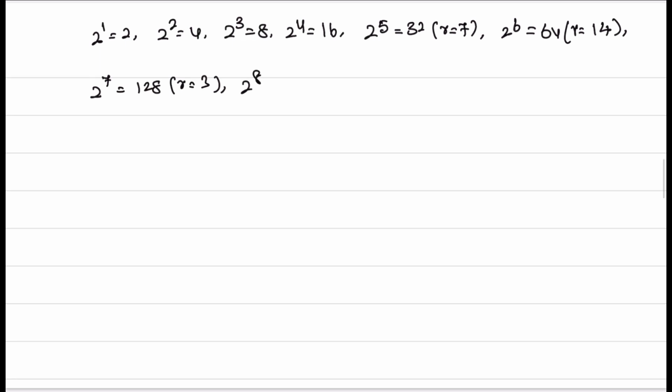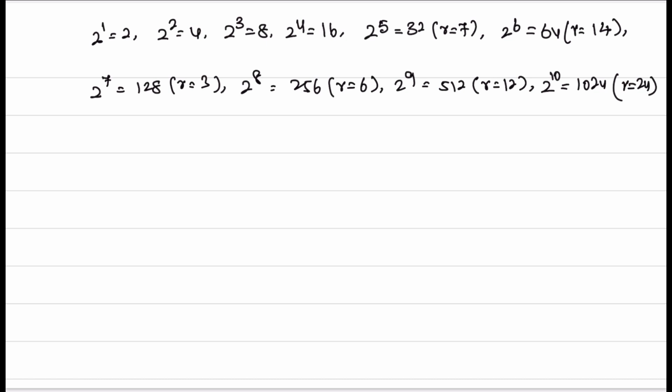2 to the power of 8 is equal to 256. It gives a remainder of 6. It is also not correct. 2 to the power of 9 is equal to 512. It gives a remainder of 12. It is also not required. 2 to the power of 10 is equal to 1024. It gives a remainder of 24. That is also not required.